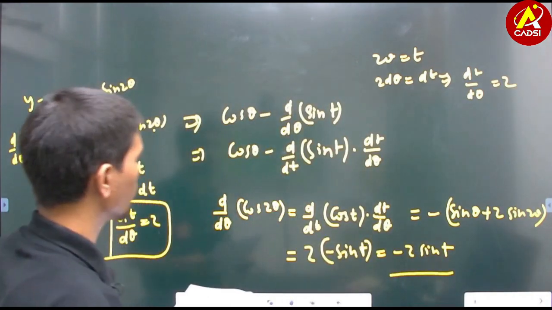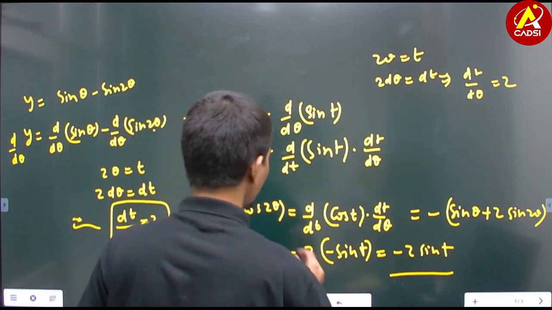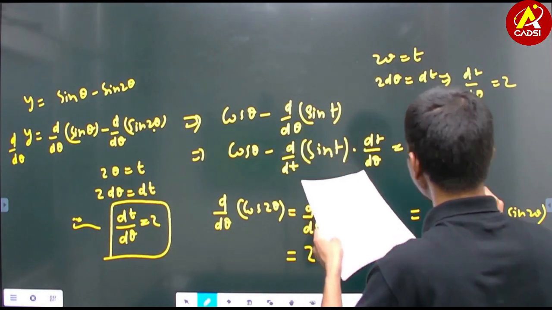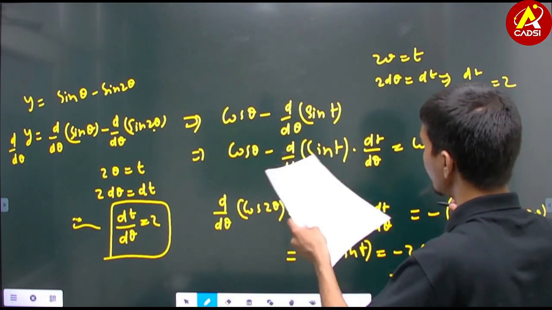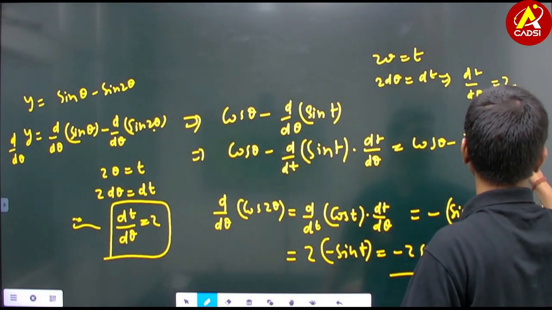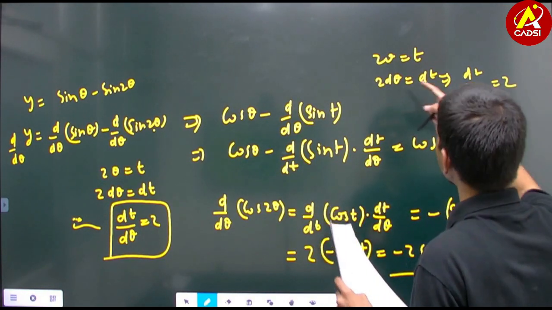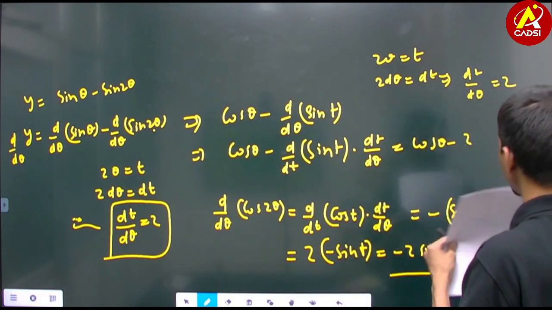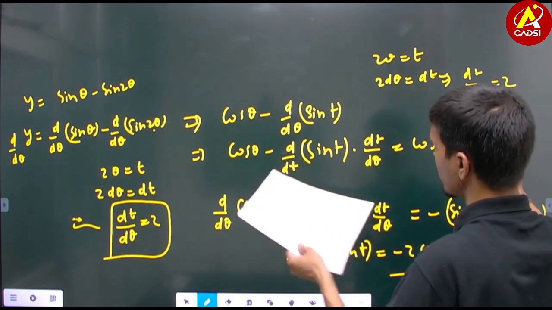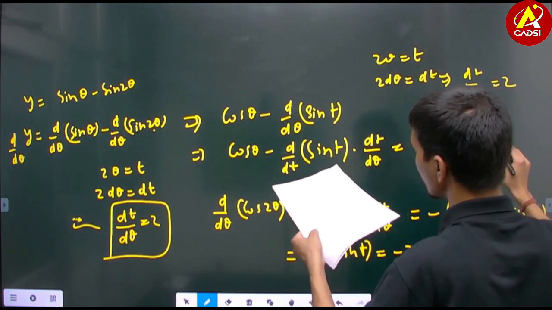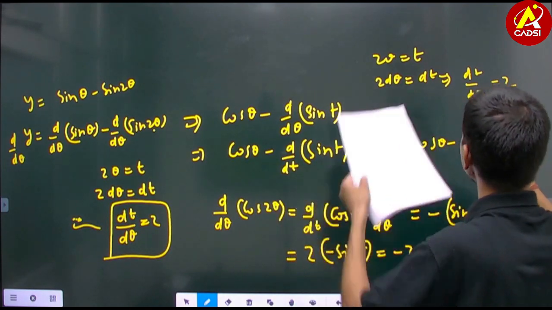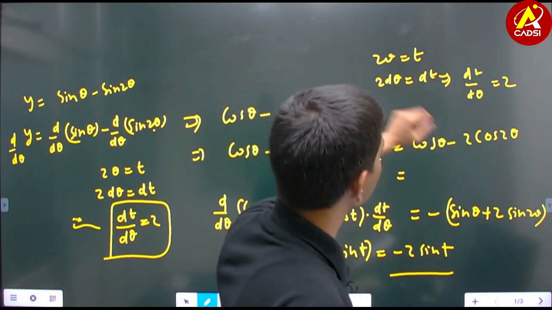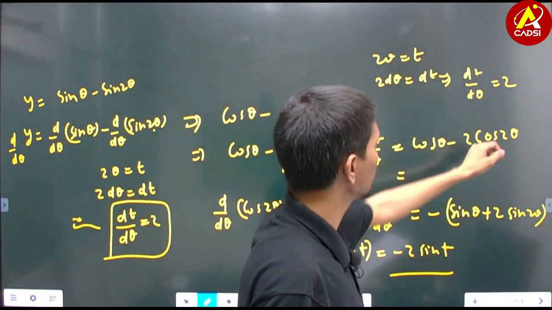Okay, so cos theta minus, dt over d theta is 2, and derivative of sin t is cos t, and t can be replaced by 2 theta.